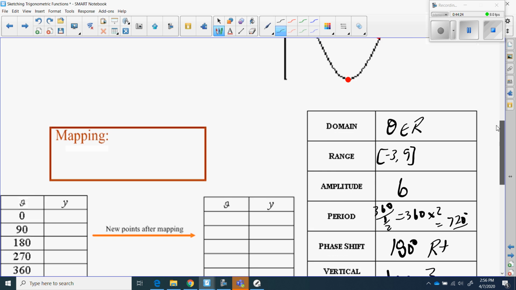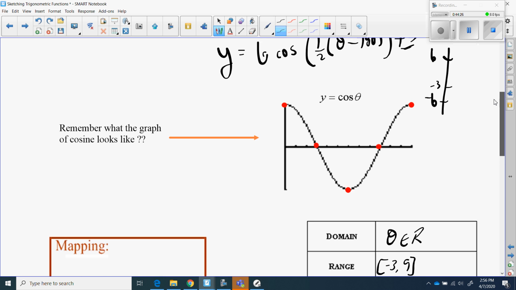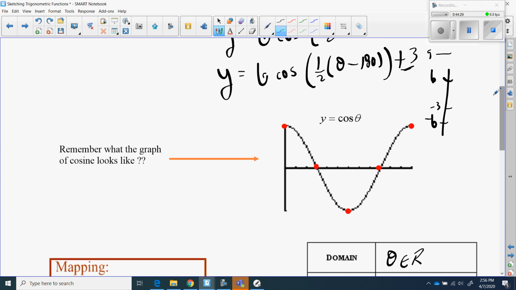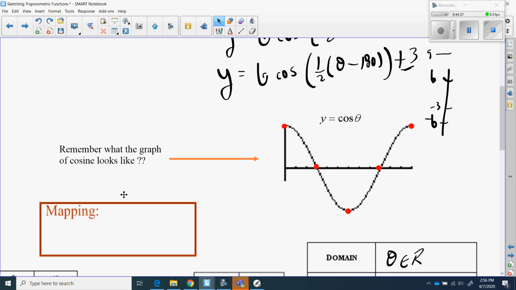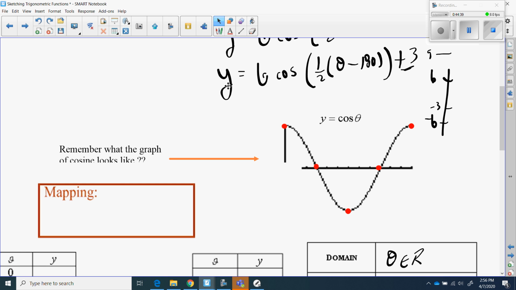Okay, go over here. Let's write our mapping first, I guess. I'll move the box up so I can see everything. Okay, so here is my mapping. Theta, y will get mapped to. So normally it's the reciprocal of this.